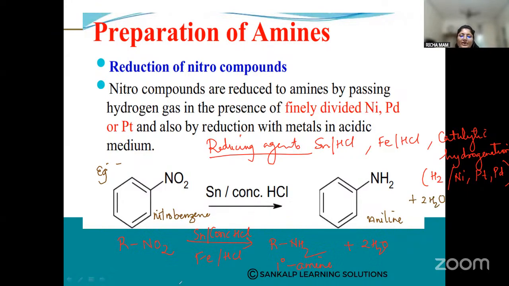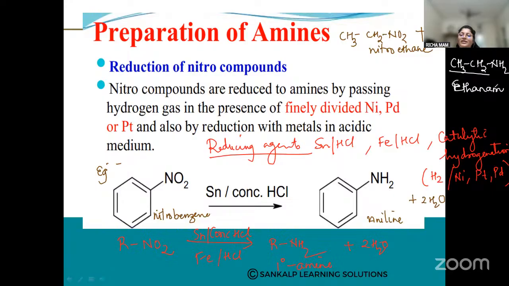One more example I would like to give, with respect to alkylamine. CH3, CH2, and NO2. So what will be the name, students? It is nitroethane. Nitroethane, when heated in the presence of tin HCl, gives CH3CH2NH2, which is ethanamine.